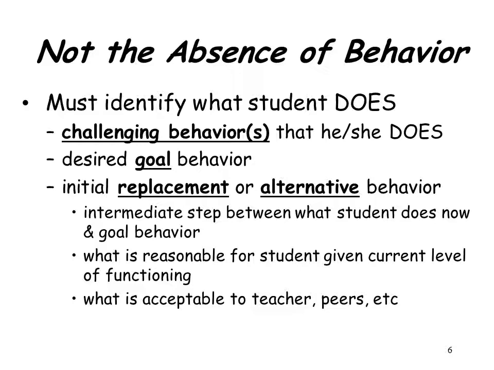So sometimes we'll be talking about replacement behaviors, sometimes we'll be talking about alternative behaviors. Sometimes we'll be talking about behaviors that are really intermediate steps between what the person does now and the goal behavior. For example, the goal behavior might be for the student to complete work without interruptions.